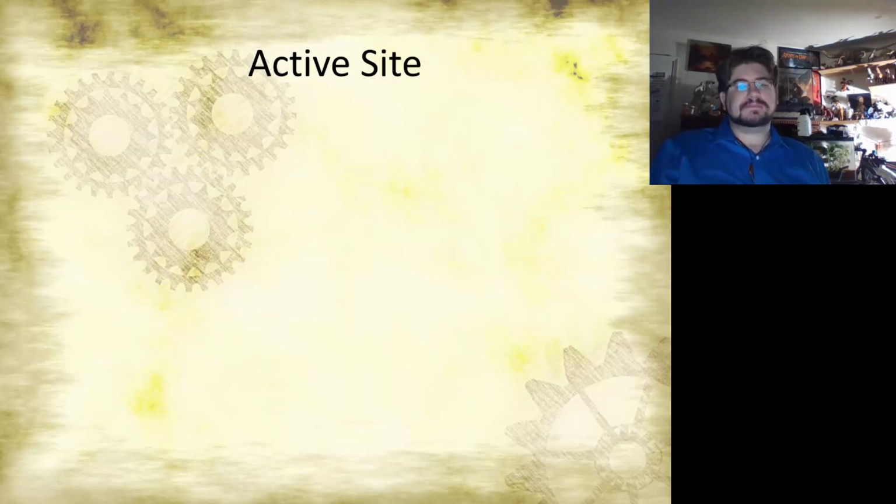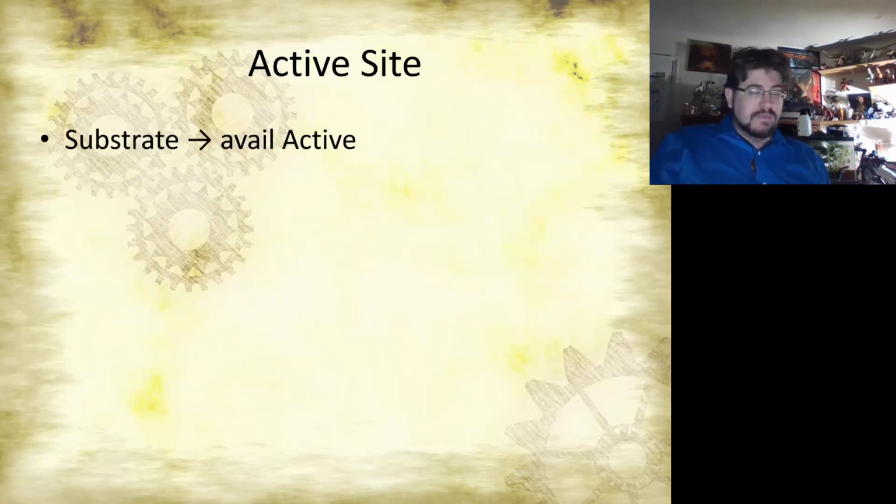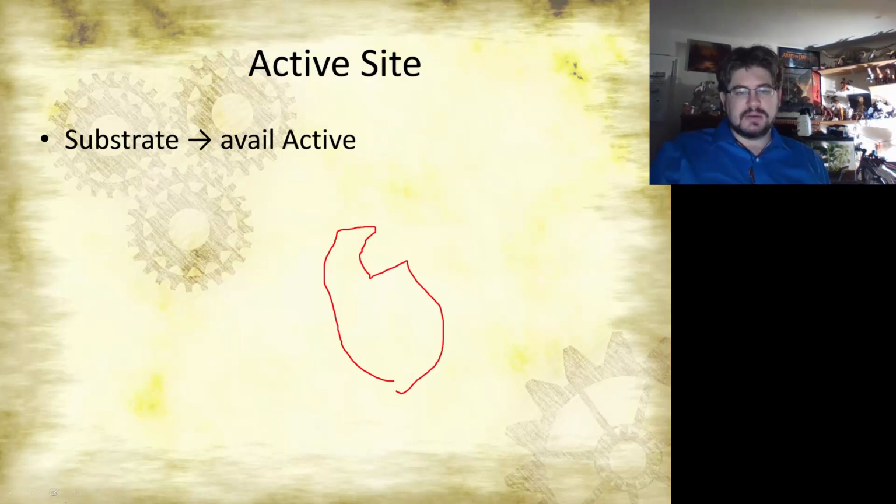All right. So the basic cycle of the enzyme that we've drawn up already is we have a substrate, and it binds to the enzyme whenever you have an enzyme with an available active site. I'm getting good at that. Okay, so here's my substrate.